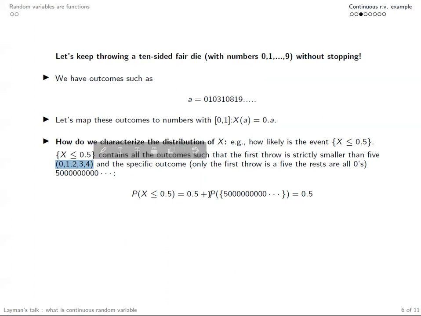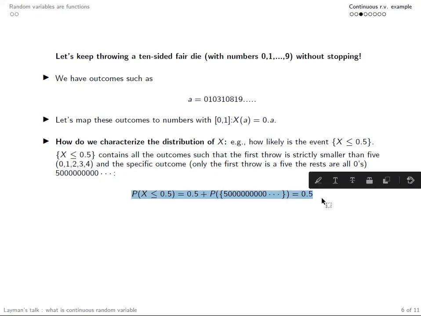As for the second one, a specific outcome that only has the first throw equal to 5 and all the remaining throws 0, we know the probability of such a specific outcome is always 0. So altogether, the probability of X smaller or equal to 0.5 is equal to 0.5.